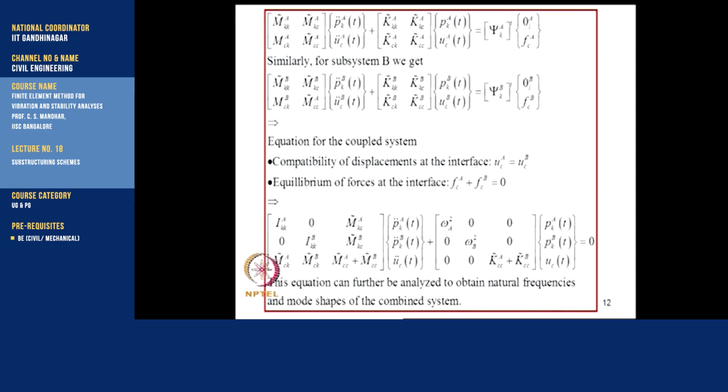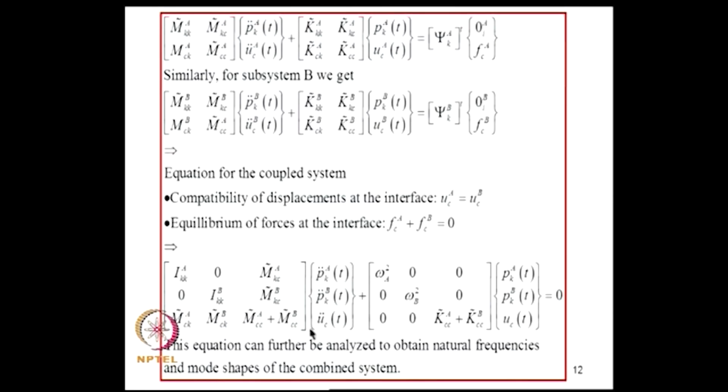Now I have to generate the equation for the coupled system. These are equations for subsystem A and B derived independent of each other. Now I will impose these compatibility relations and this equilibrium equation, and I get the combined equation to be of this form, where for the combined system the state vector consists of normal modes of subsystem A, normal modes of subsystem B in the fixed interface format, and the coupling degrees of freedom.